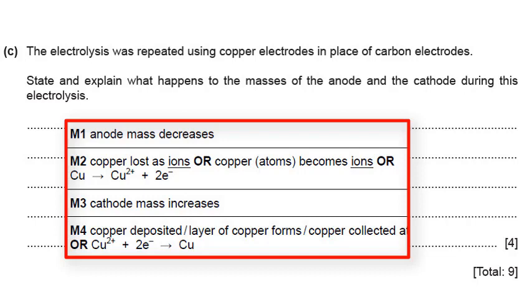The mass increases, and this is as a result of the copper layer deposited on the cathode. And so you can explain this by half reduction equation. You have to be aware of these type of questions because it has 4 marks, which means that you have to mention 4 points or 4 things. So stay safe.